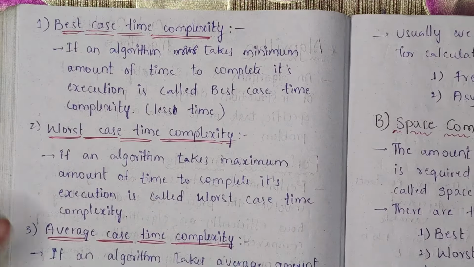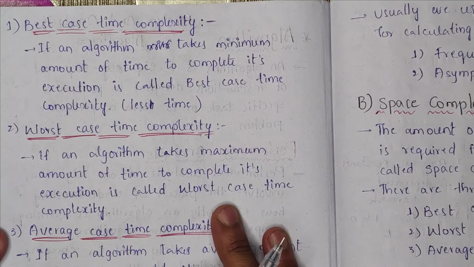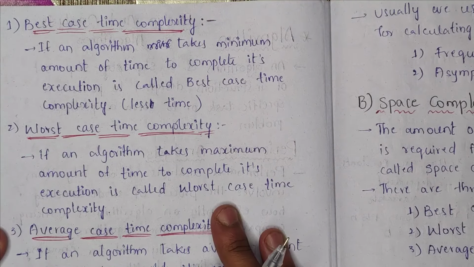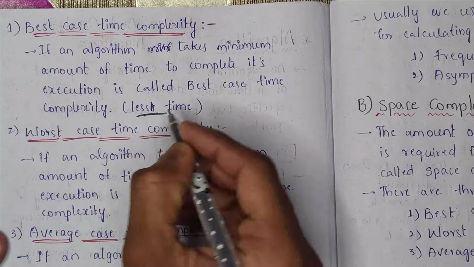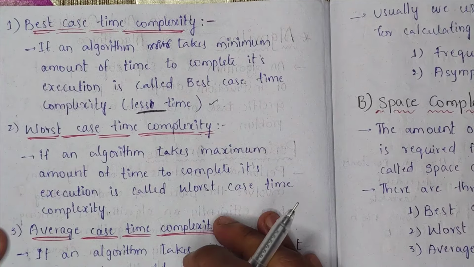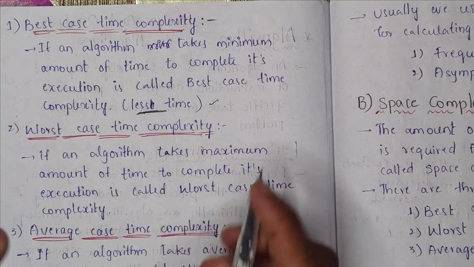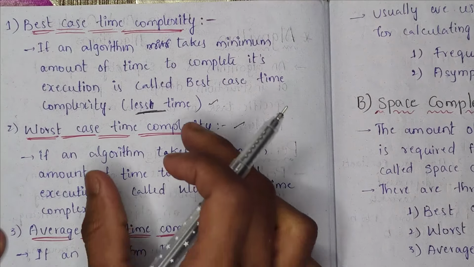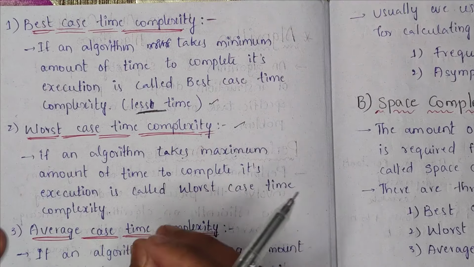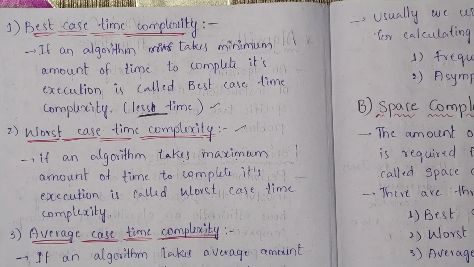Coming to best case time complexity: if an algorithm takes the minimum amount of time to complete its execution, it is called best case time complexity. That means less time. Then coming to worst case, it is similar, but here if an algorithm takes the maximum amount of time to complete its execution, it is called worst case time complexity.